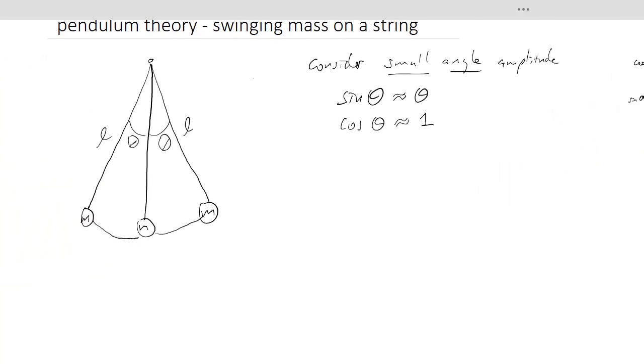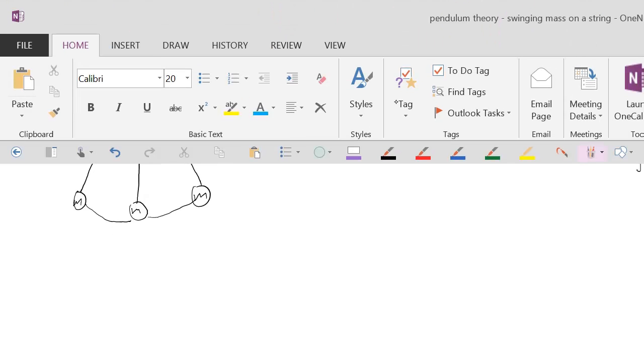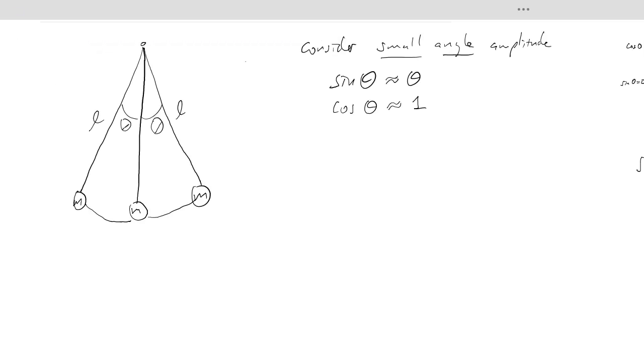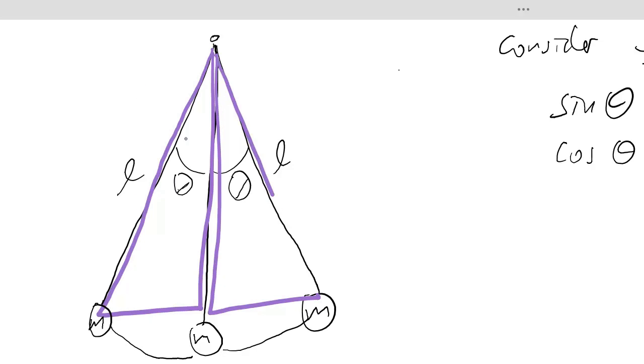So considering a small amplitude for this pendulum, let's use a thicker purple. If this is a small amplitude, then I can approximate this as two right triangles. In a sense, my mass is not moving in an arc like this, but is actually just moving back and forth on some x-axis.